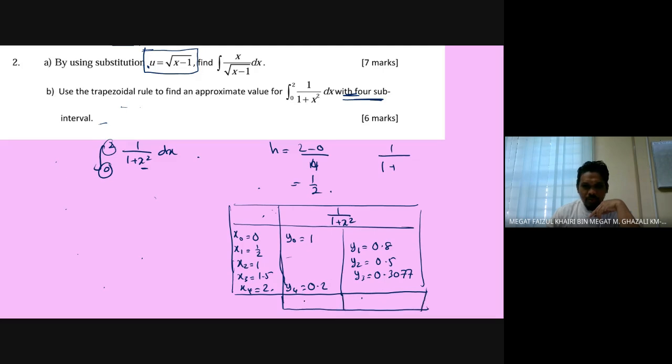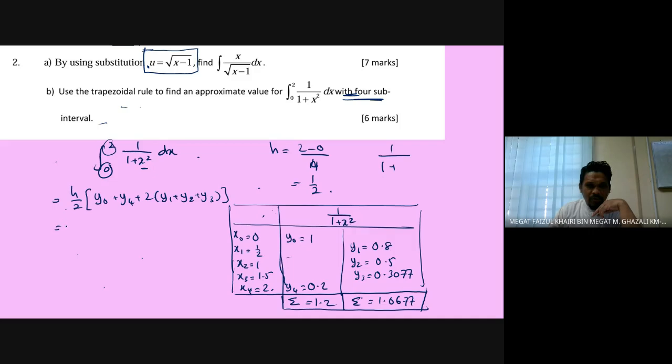So 1 plus 0.2, the summation here is 1.2, and the summation in this column here is 1.0677. Using the trapezoidal rule, the formula is h over 2 times y0 plus y4 plus 2 times y1 plus y2 plus y3.